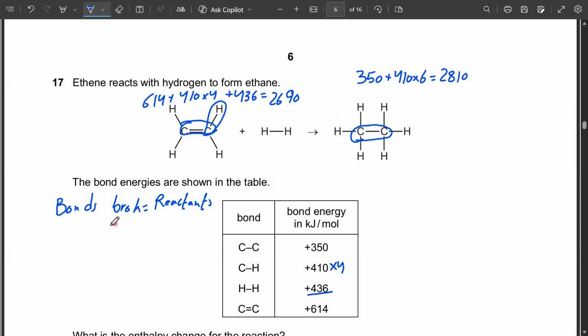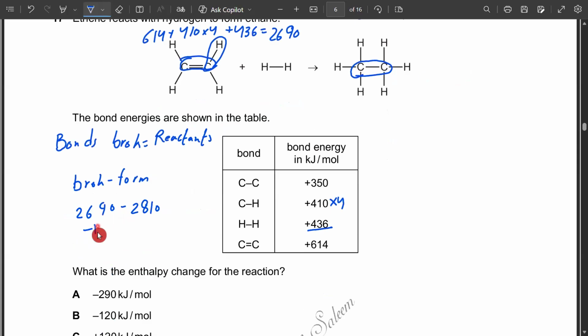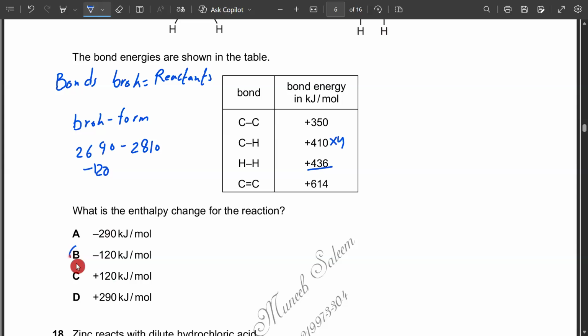Now take the difference, broken minus formed. Broken value is 2690 minus formed value 2810. So you get minus 120. So in this way, P is the correct option.